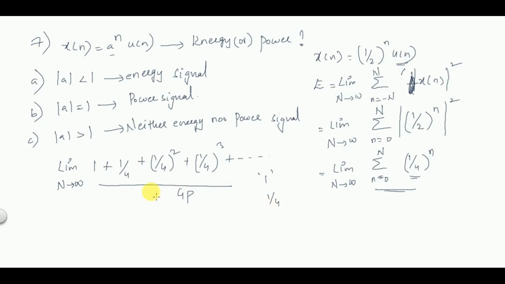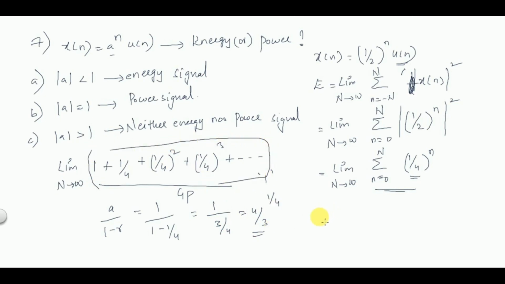The sum of this is a by 1 minus r, where r is the common ratio. So a is 1, first term is 1, by 1 minus 1 by 4, so it will be 1 by 3 by 4, which is equal to 4 by 3. So the energy in the given signal x of n is 4 by 3.